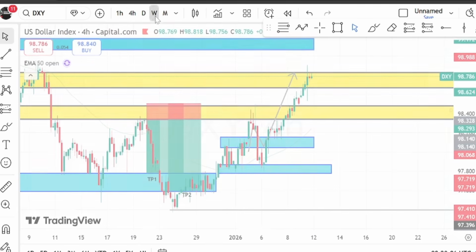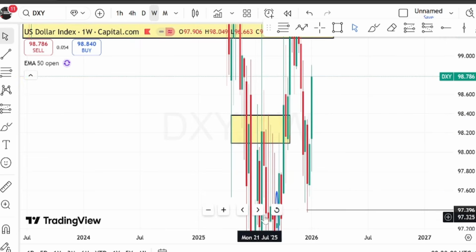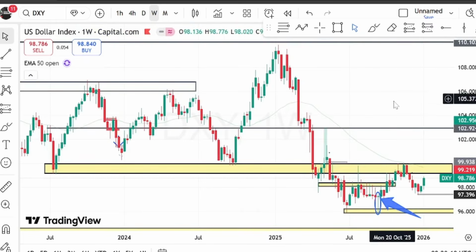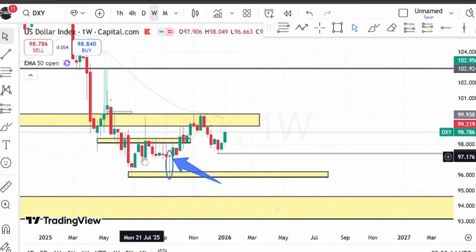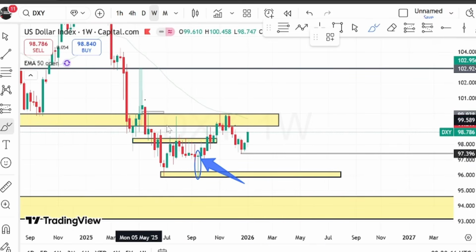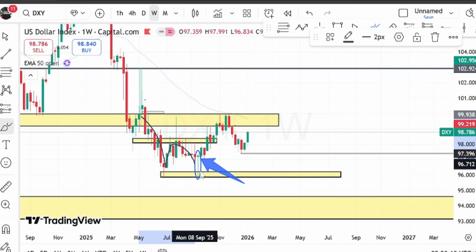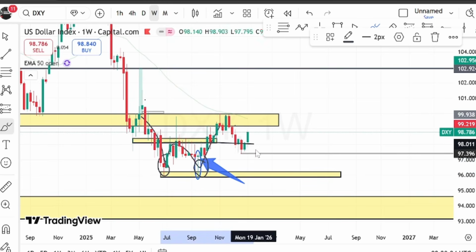Okay, let's go to the weekly time frame so you guys could see what I'm saying. Remember, we have been looking for these buys for the longest. This also looks like a W pattern, which you guys call a double bottom. So this is more like price reacting off the neckline of these zones.